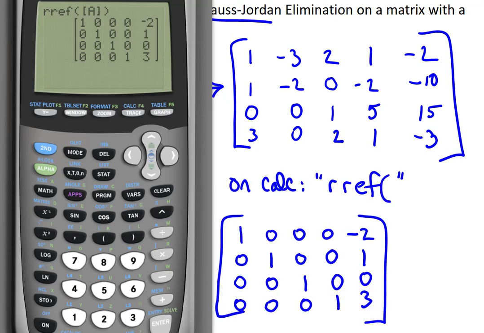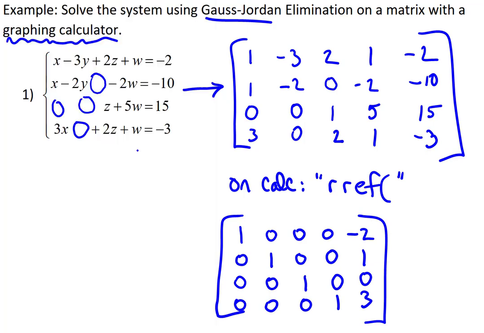Okay, so I've simply copied down the result matrix from doing the RREF function on the calculator to our original matrix, and we're going to take a look at what it means. First of all, let's recall that these columns are organized in a very specific way, thanks to the fact that the original system we had was organized with like terms in columns, of course, unless they were missing.